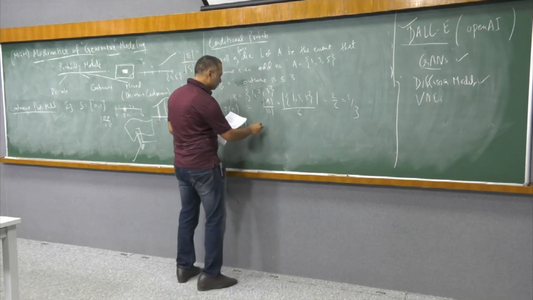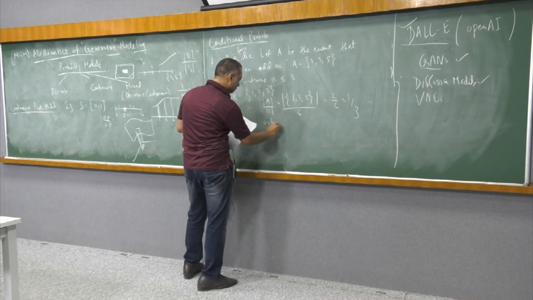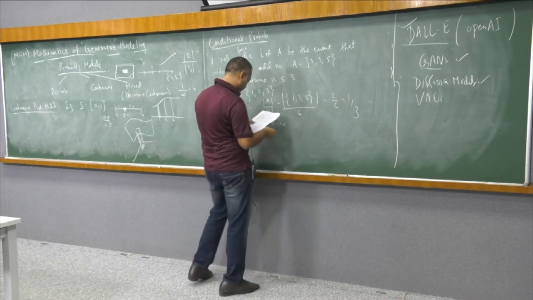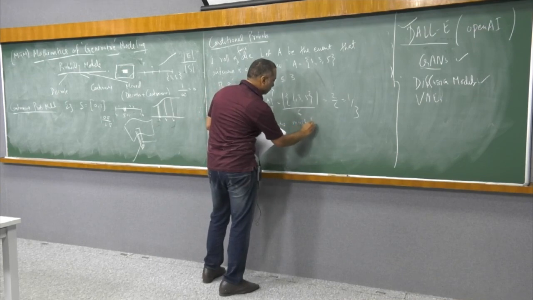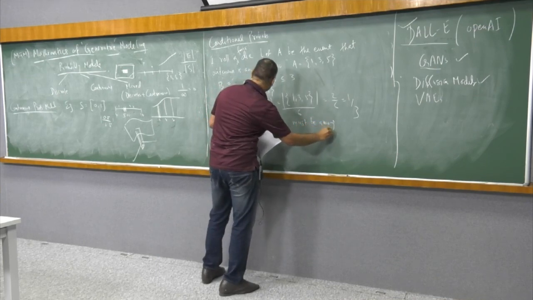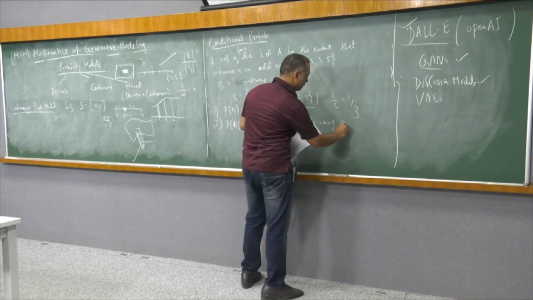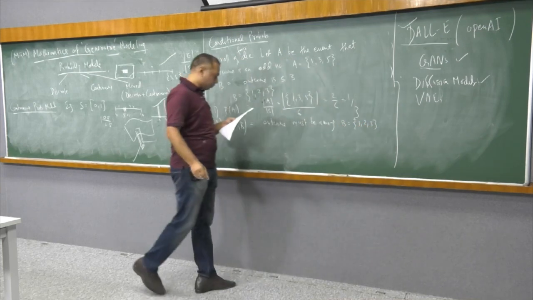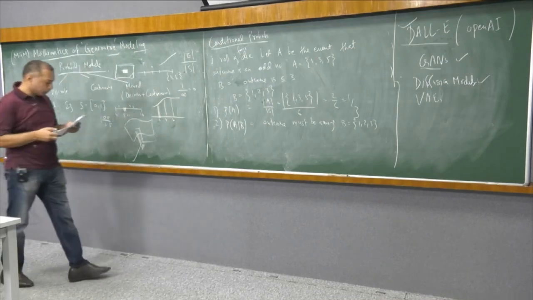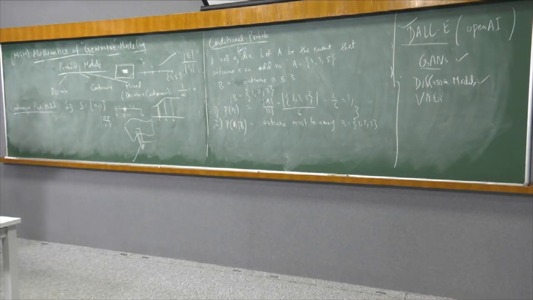So the outcome, let me write on the text. The outcome must be among B, as I said, which is 1, 2, 3, less than or equal to 3. So for A also to happen in the outcome, we must have A intersection B.